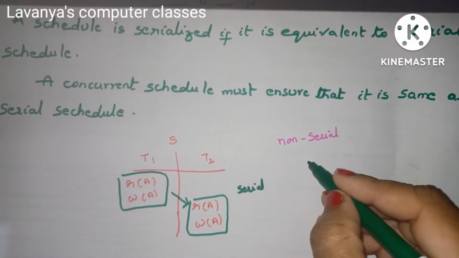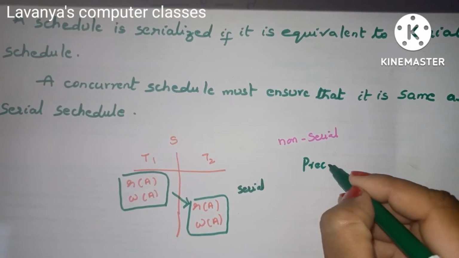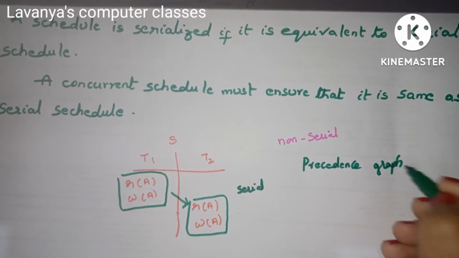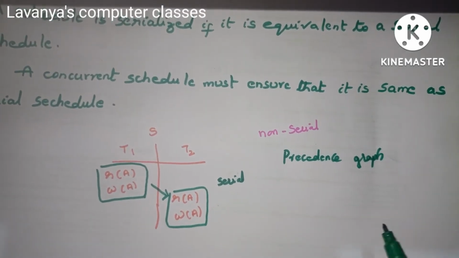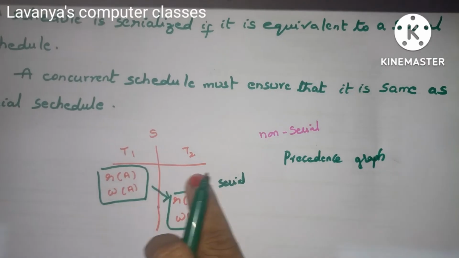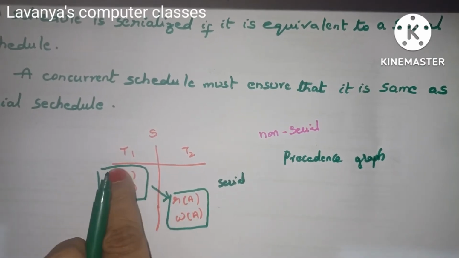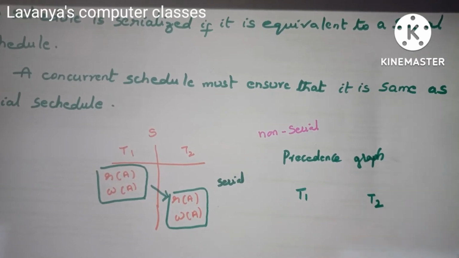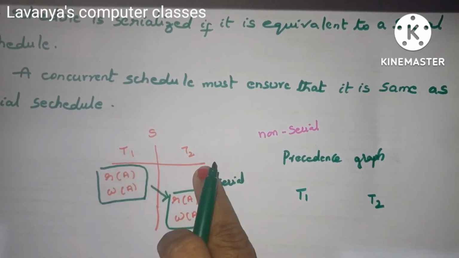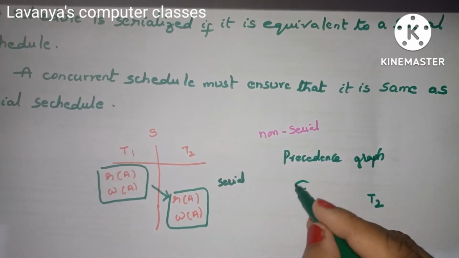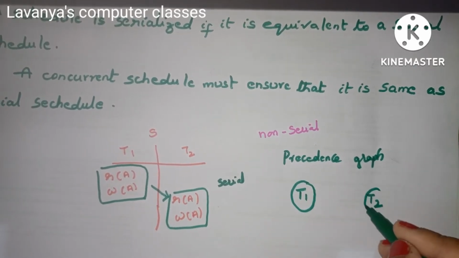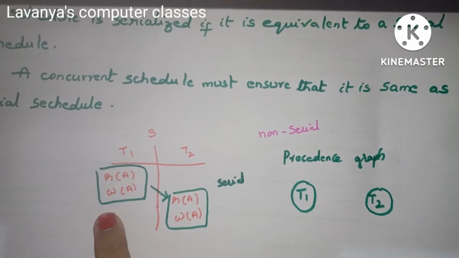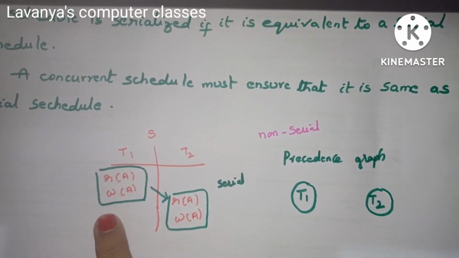Now, we draw a graph. What is that graph? That is called a precedence graph. We already know what a graph is: a collection of edges and nodes. In these transactions, the number of transactions we have are treated as vertices, nodes. Here there are two transactions, so T1 is one node and T2 is another node. Which transaction started and completed first?